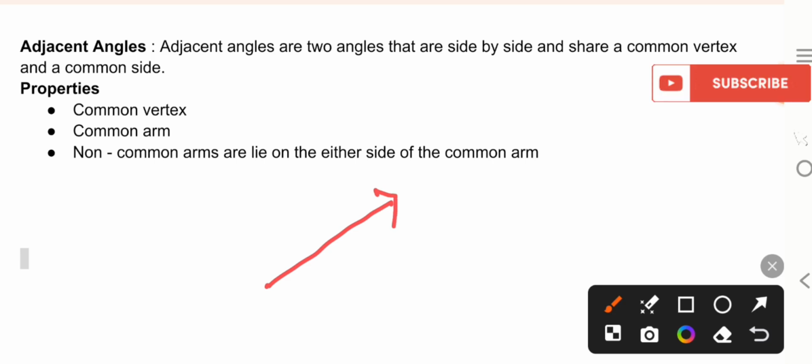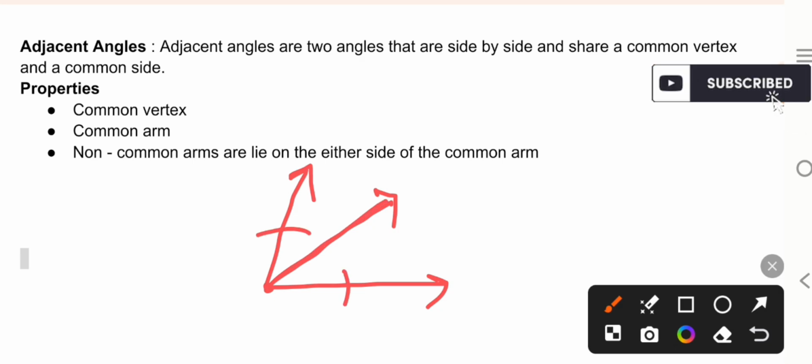The non-common arms lie on either side of the common arm. So like this, one should be on this side, the other on this side. This is a common vertex. This is a common arm, and the two arms are lying on either side of the common arm. Then they are said to be adjacent angles.